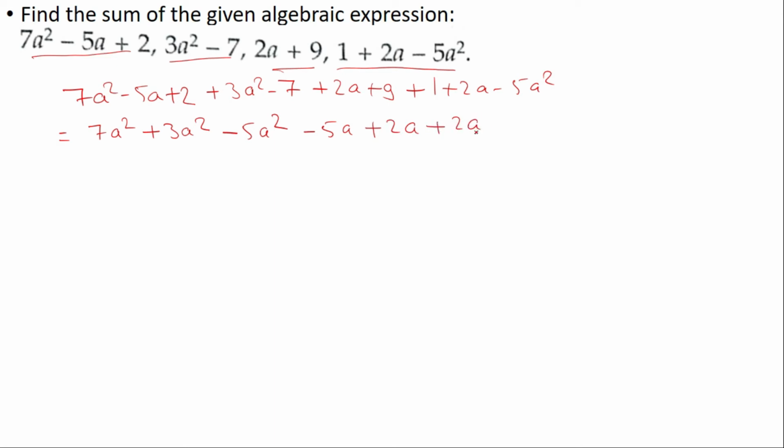Then we have to write the numerals: plus 2 minus 7 plus 9 plus 1. So when you solve it, you will get 5a square minus a plus 5.